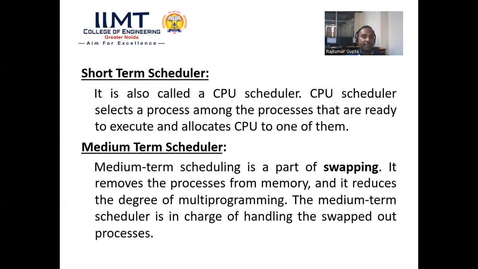Now, the second scheduler is the short-term scheduler. The short-term scheduler is also known as the CPU scheduler. It means the process is being allocated the resource, that is, the CPU. The CPU scheduler selects a process from the different processes and executes it, and after executing we are able to find the result.